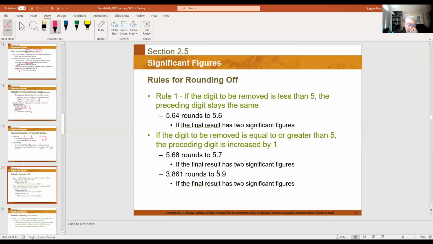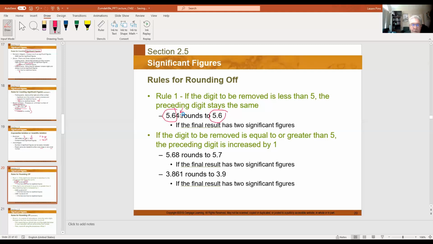Then, what are the rules for rounding? If you need to round to two significant figures, you have to observe the number that follows these two significant figures. It is a 4. Oh, it's lower than 5. Then this number is rounded to 5.6.